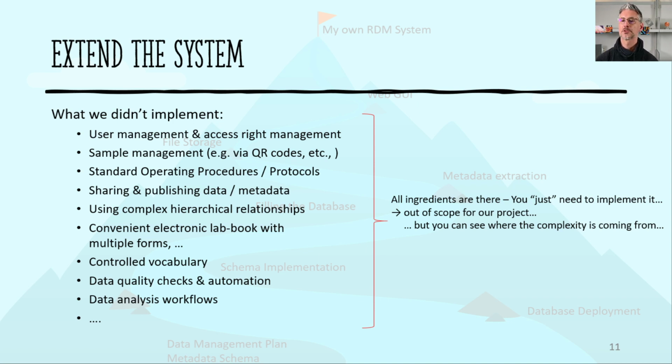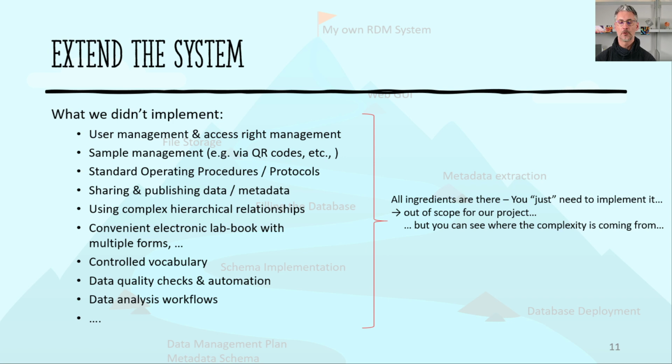You will also have to have some sort of sample management, for example via QR codes, so you need some way of generating QR codes and to print them and so on. We also need to integrate recipes or standard operating procedures or protocols. We've talked about sharing and publishing data and metadata, and of course that needs to go into the system as well. And since we based this, at least this demo system, on relational data models, we can make use of complex hierarchical relationships, although of course in our very simple project we didn't actually exploit this.